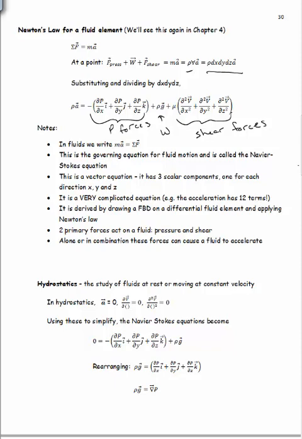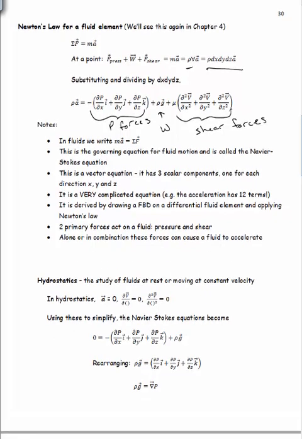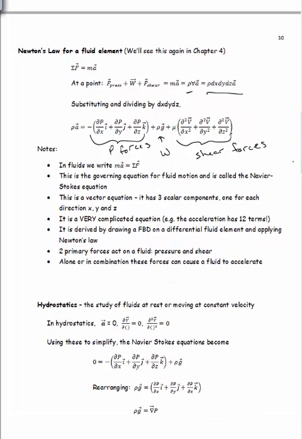In hydrostatics, things become simple because the fluid is not accelerating. So acceleration is 0, and not only that, if it's static, that means the velocity is not changing. It's not changing with time, and it's not changing with position. So we're basically talking about a lake behind a dam where nothing is moving.